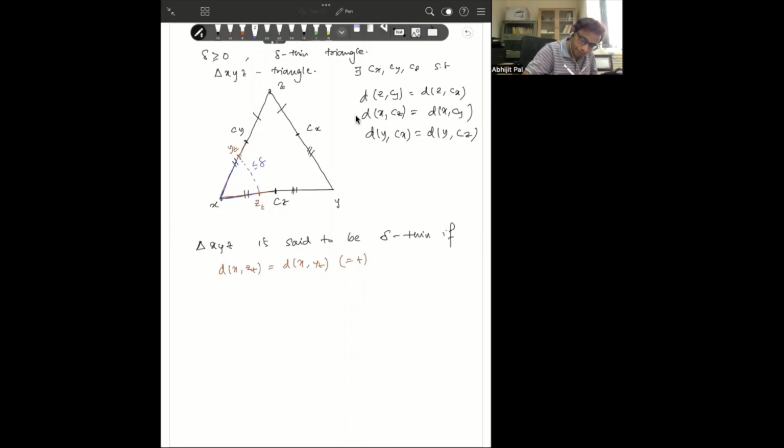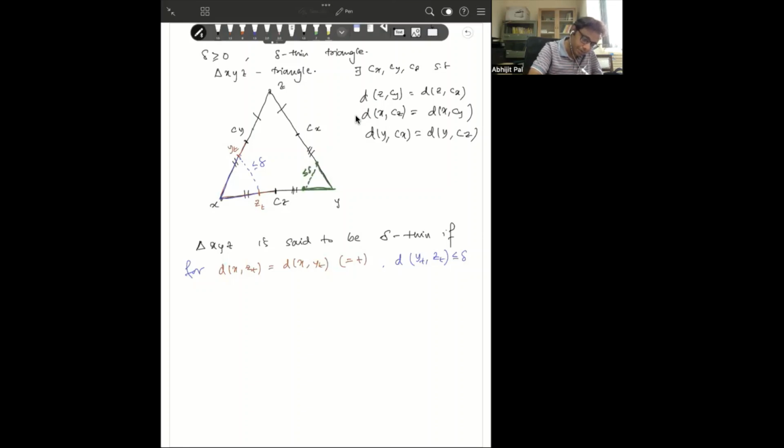If for this thing the distance between YT and ZT is less than or equal to delta, and the same thing is true for the other sides also. So if I pick any point here and any point here, such that these two distances are the same, then this will be less than or equal to delta.